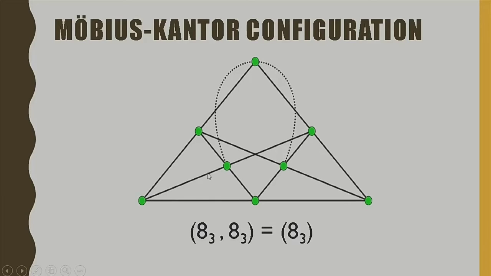The fourth side with three vertices lying on it. The fifth side, the sixth side, the seventh side with three vertices. And last, the eighth side with three vertices lying on it.